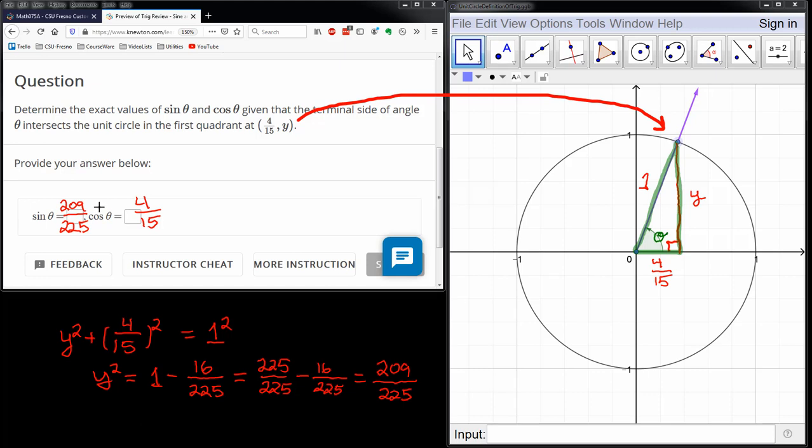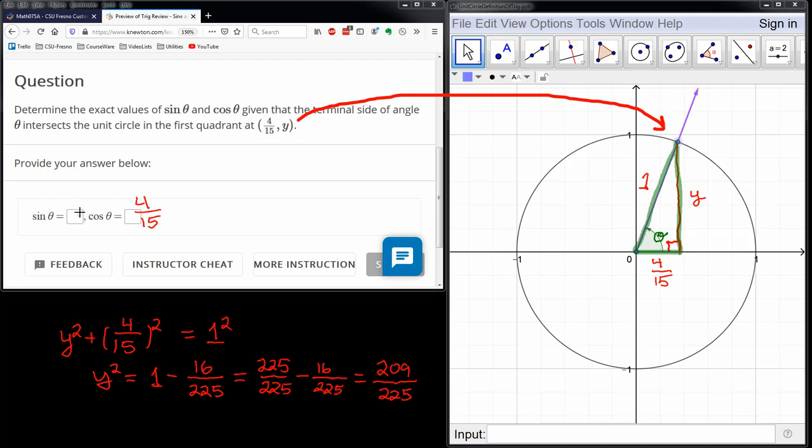Oh, wait a minute. No, I made a mistake. I hope you caught it. Let's erase that. What I forgot is that this is y squared. I shouldn't have erased what I wrote, because it was almost correct.